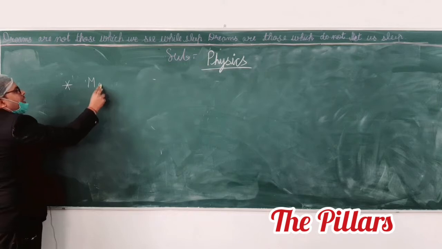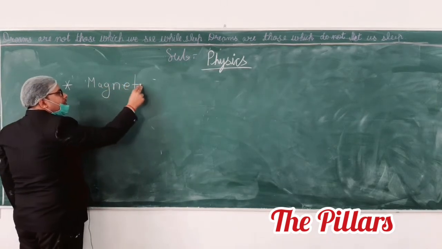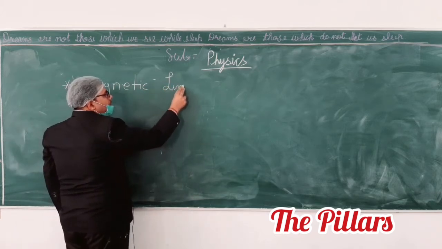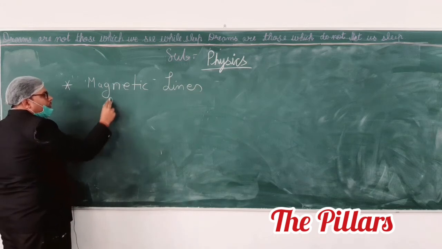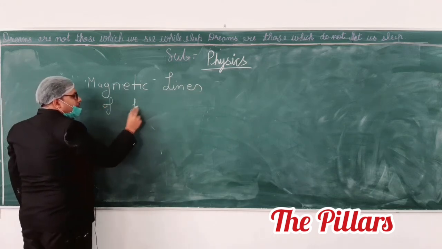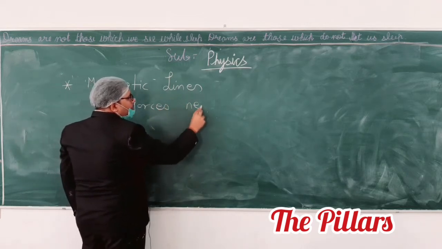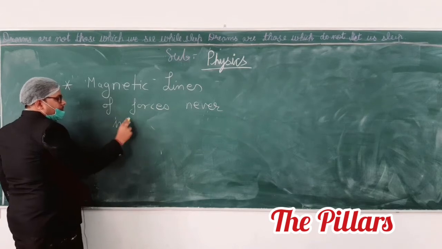One more thing. Magnetic line of forces never intersect. Can anybody tell why? Okay, magnetic lines of forces never intersect.